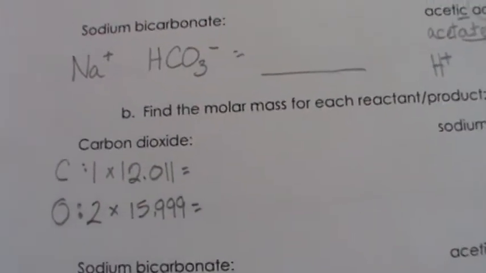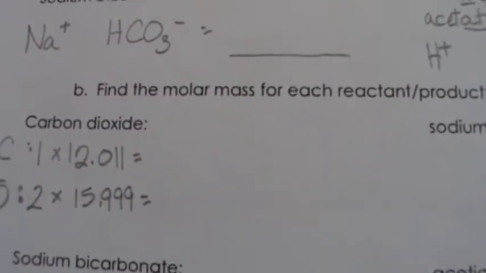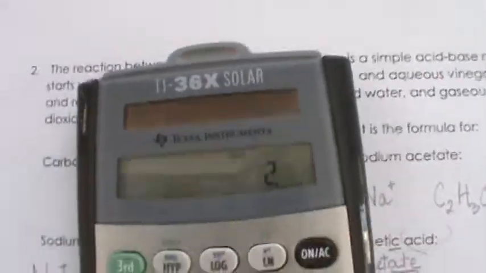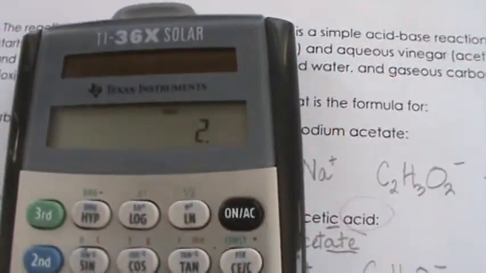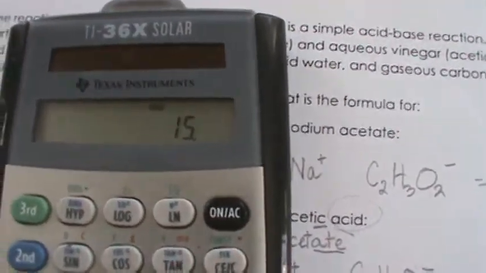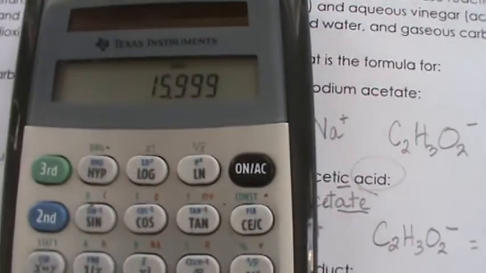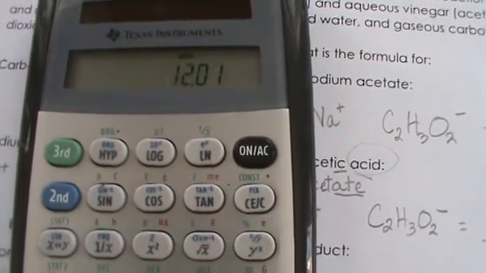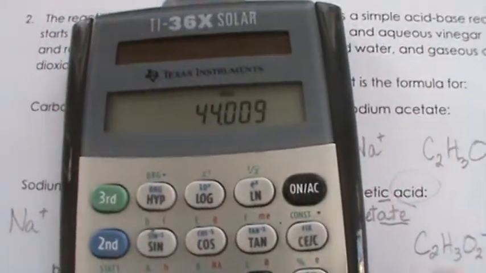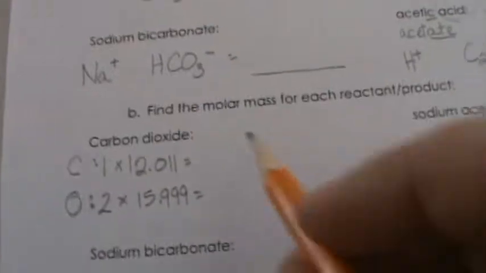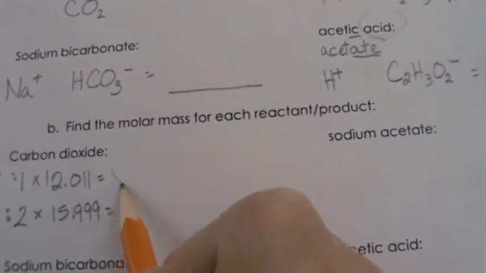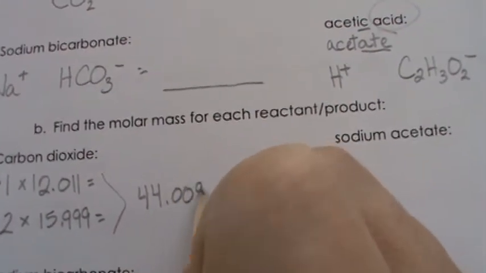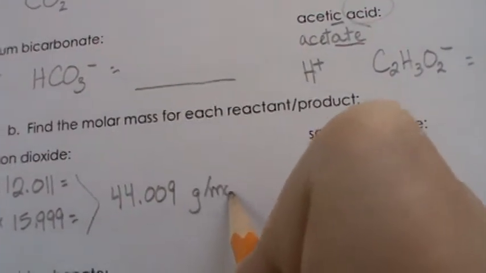And when we combine these, okay, we get 2 times 15.999 plus 12.011, and I get 44.009 grams per mole.